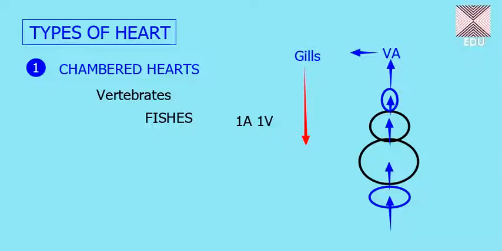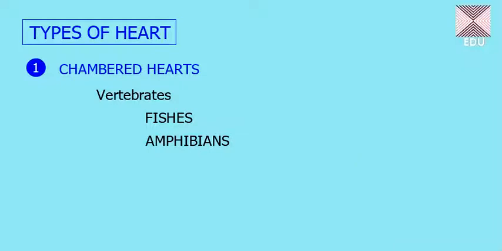So if we go further, we have the case of amphibians now. In the amphibians, we have got a 3-chambered heart. So what we have over here is 2 auricles and 1 ventricle. That means the auricle has been divided into 2 chambers, and we have an intra-auricular septum present over here.